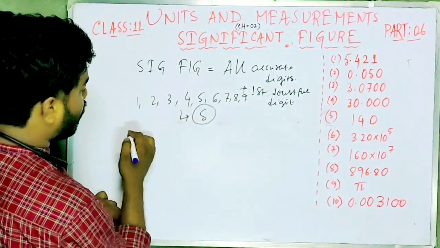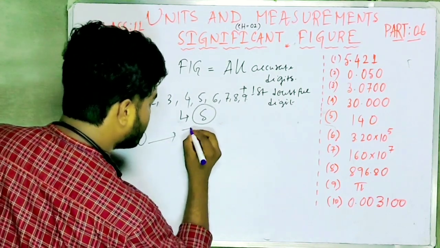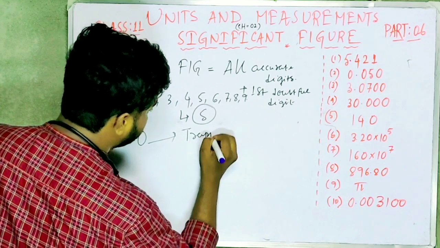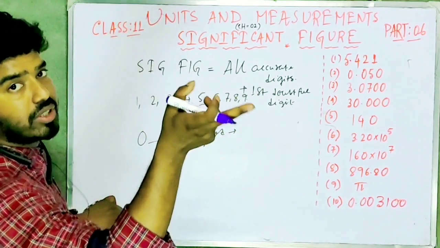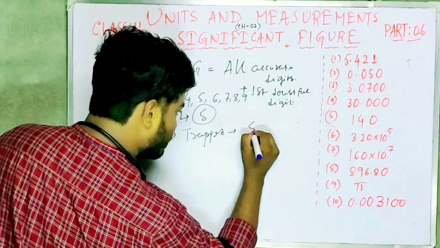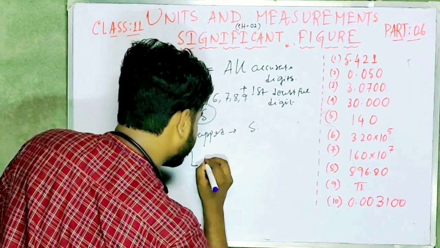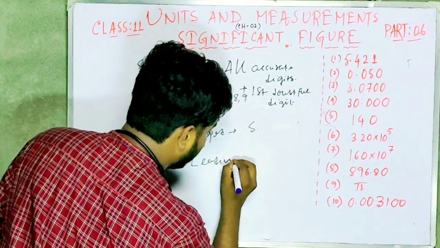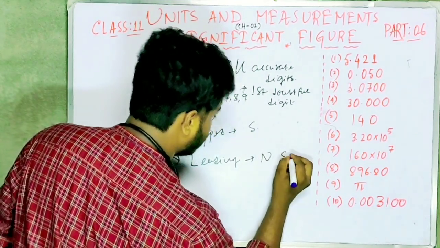Next question is, what about 0? The trapped 0. Trapped means the zeros which are between two non-zero digits, that is significant. Next, 0 which is leading, that is not significant.